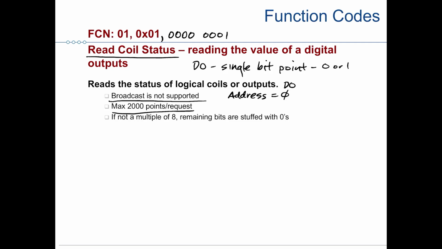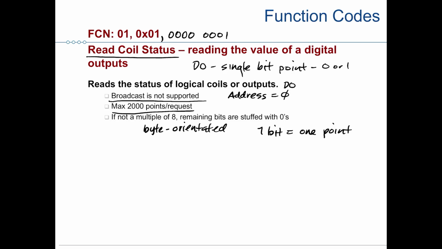Now, one thing it says here is Modbus is what's called byte orientated. Because it's byte orientated, you cannot send a partial byte. You have to send a full byte. So what if you only want to look at one single DI point? That's only 1 bit. 1 bit equals 1 point.